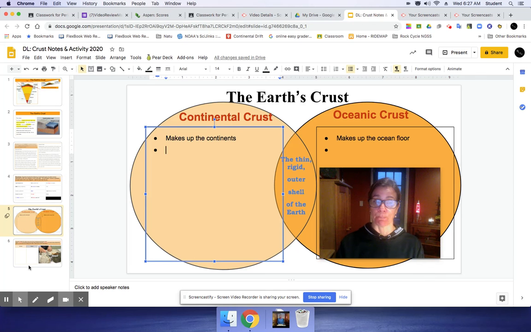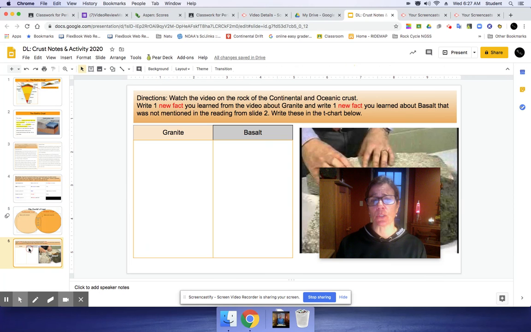Lastly, when you get to slide number 6, here's where I'm asking you to watch a very brief video on the rock of the continental and oceanic crust, because it's all about the rock. I've been telling you since the beginning of the year, rock is really important. It helps us to tell the story about planet Earth.